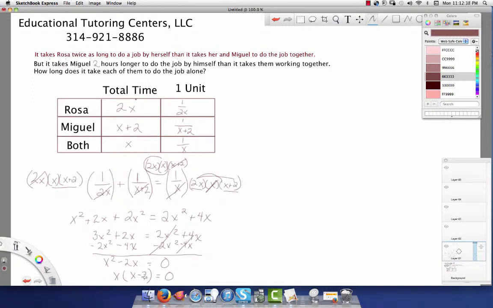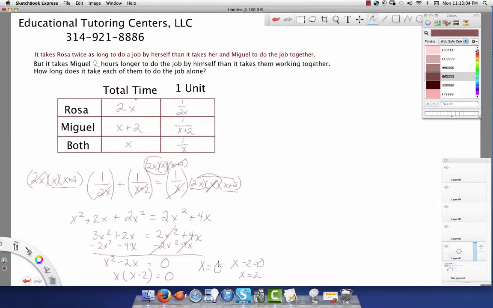And if you're not sure about what's left, you go ahead and just redistribute. X times x is this x squared, and x times 2 is this 2x, and there's a minus sign between. Then you take your x values and set them equal to 0. And solve for x here, I will get a 2.